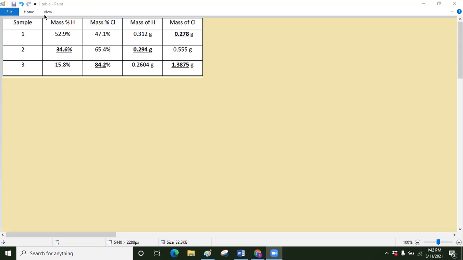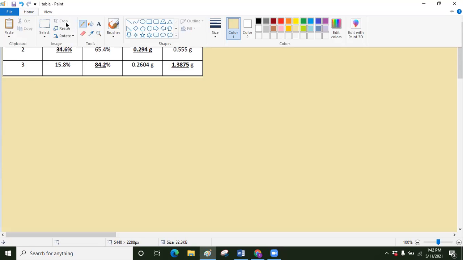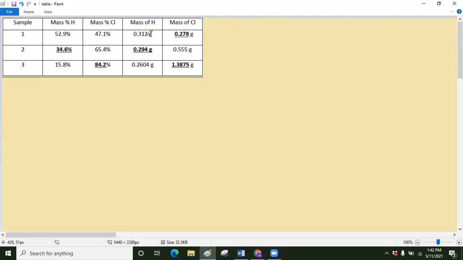So let's just assume, and actually let me try maybe even to cover it up somehow. I don't think that I can, but let's just assume that this is not here. So we have hydrogen chloride, right? And this is the first example here. This is the first method, so to speak.